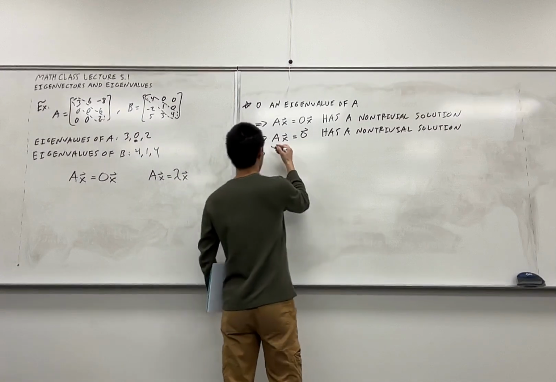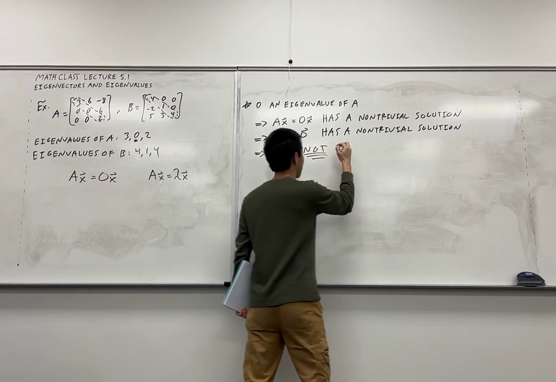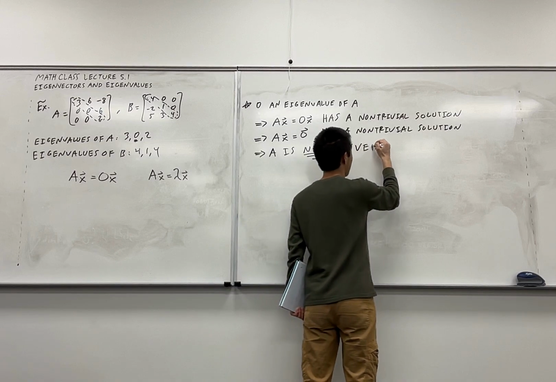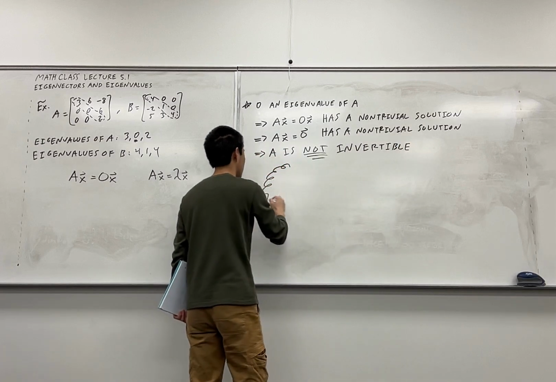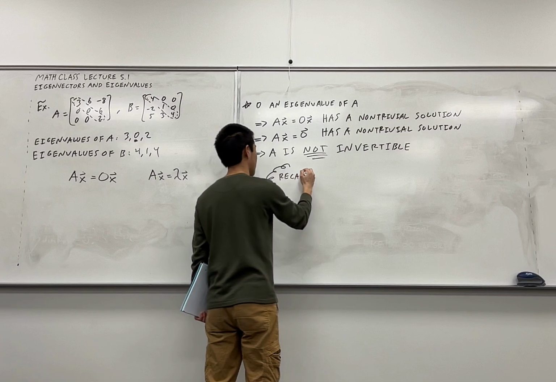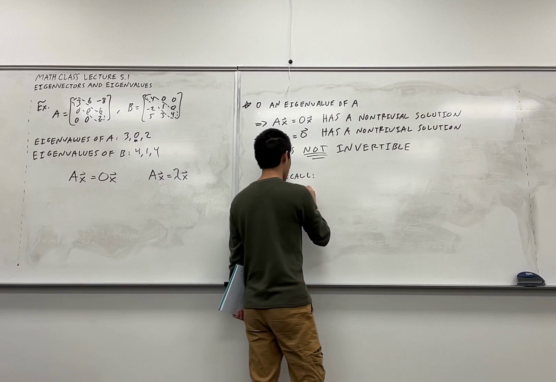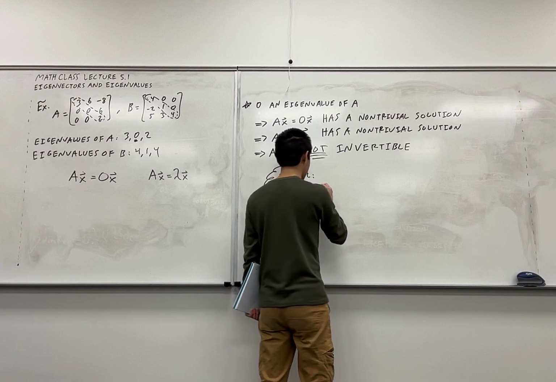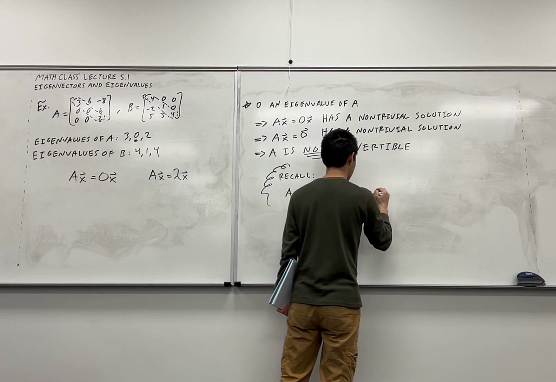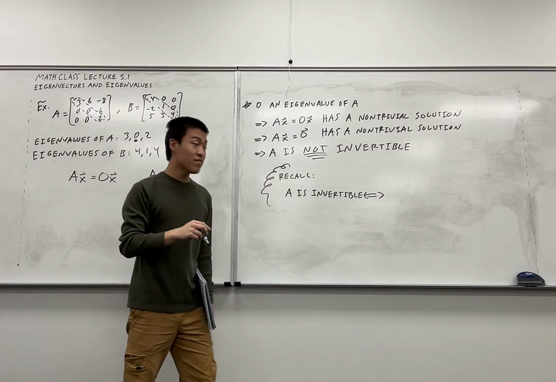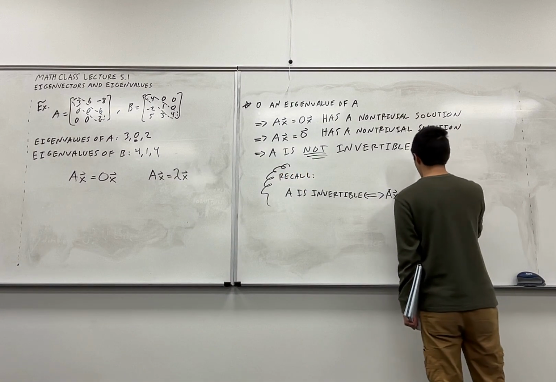So this is, logically, by statement, the opposite of invertibility. So A is not invertible. Because, recall that the statement A is invertible is logically equivalent to the statement that the homogeneous equation has what?